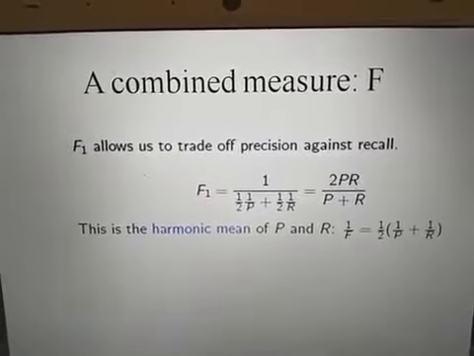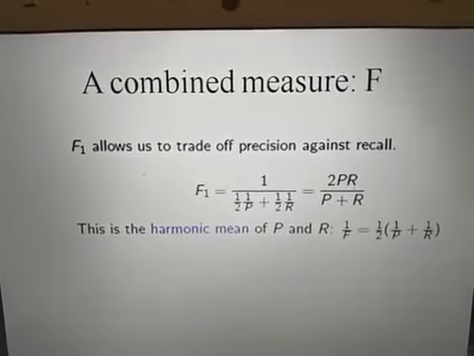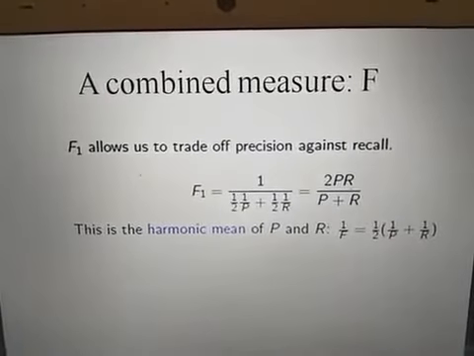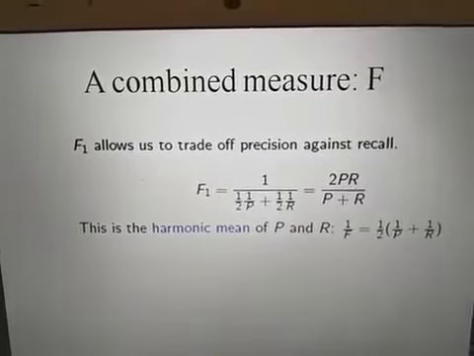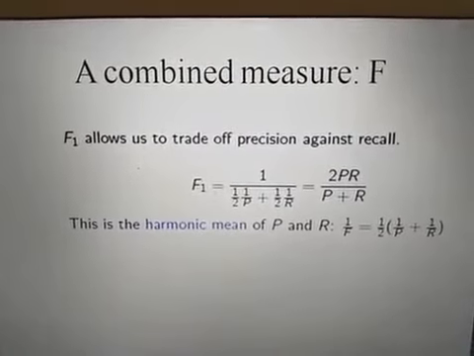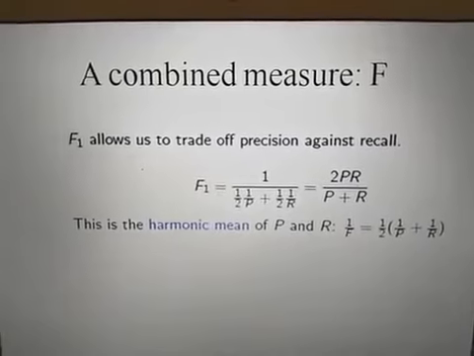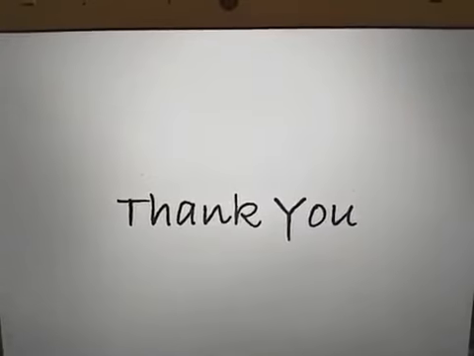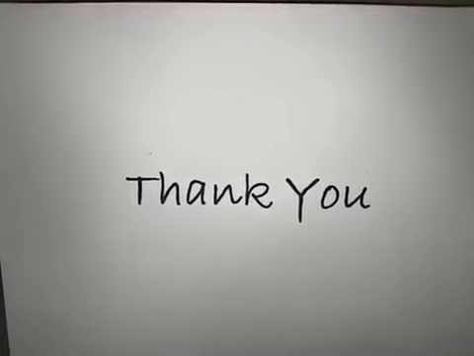Here F or F1 allows us to trade off precision against recall by calculating the harmonic mean. With this, I am concluding the concept of text classification and the use of Naive Bayes for the text classification problem.